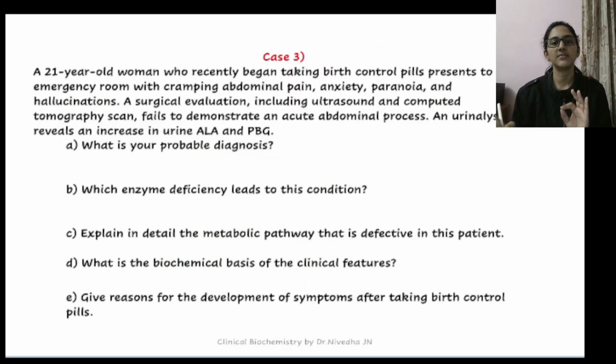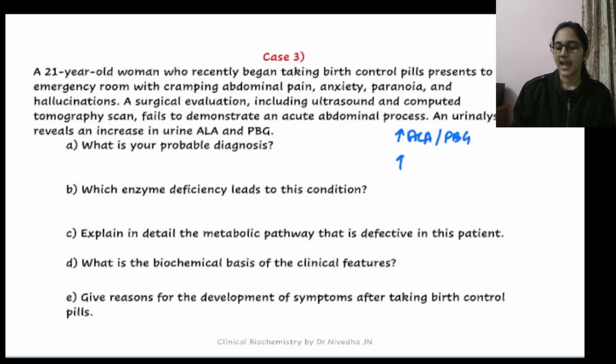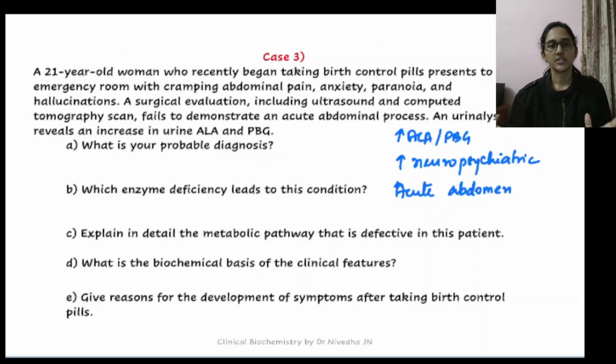Whenever you find just elevation of urine ALA and PBG, and you have neuropsychiatric symptoms like anxiety, hallucination, paranoia, and also you have acute abdomen, that they even went in for surgical exploration. In some cases, they will even do emergency laparotomy. It will be that much present like an acute abdomen.